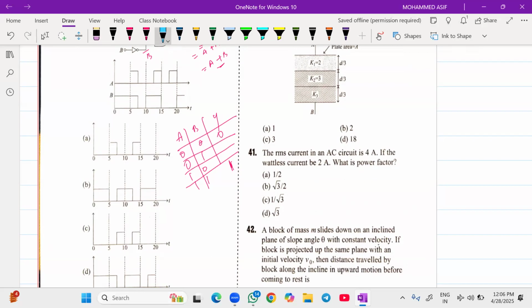With respect to the diagram, if I give this 0 and this 1, the input will be a straight line.